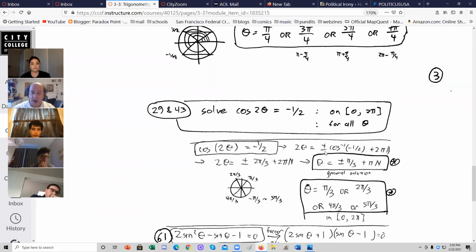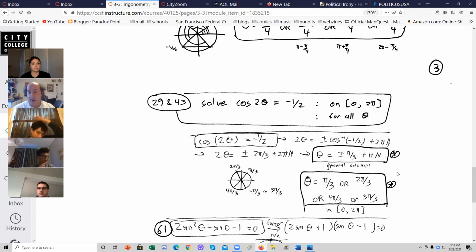Okay, arc cosine of negative 1/2, well, that corresponds to 2 pi over 3. So 2 theta is plus or minus 2 pi over 3 plus 2 pi n. Now here there's a bit of trickery, because this is 2 theta. So we have to divide by 2, and theta is therefore plus or minus pi over 3 plus pi n, not 2 pi n. So that's the general solution. Because of this 2, we have a pi n rather than a 2 pi n.